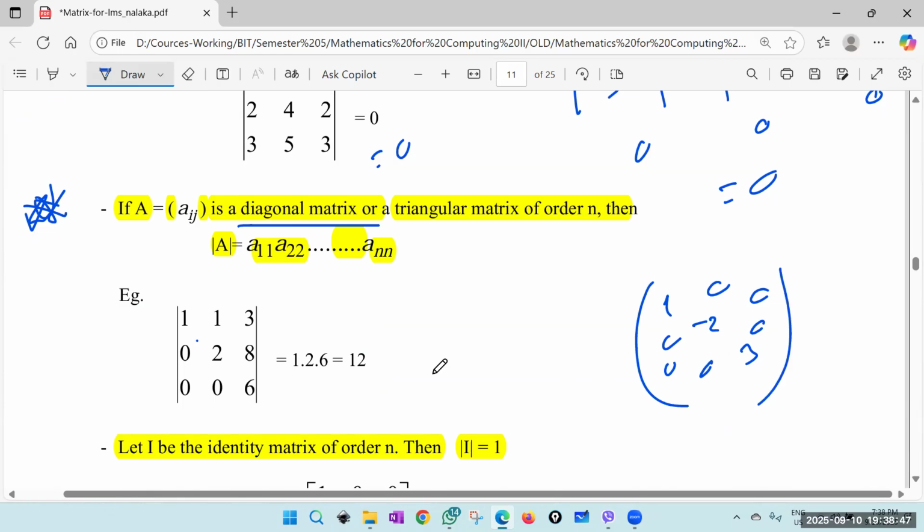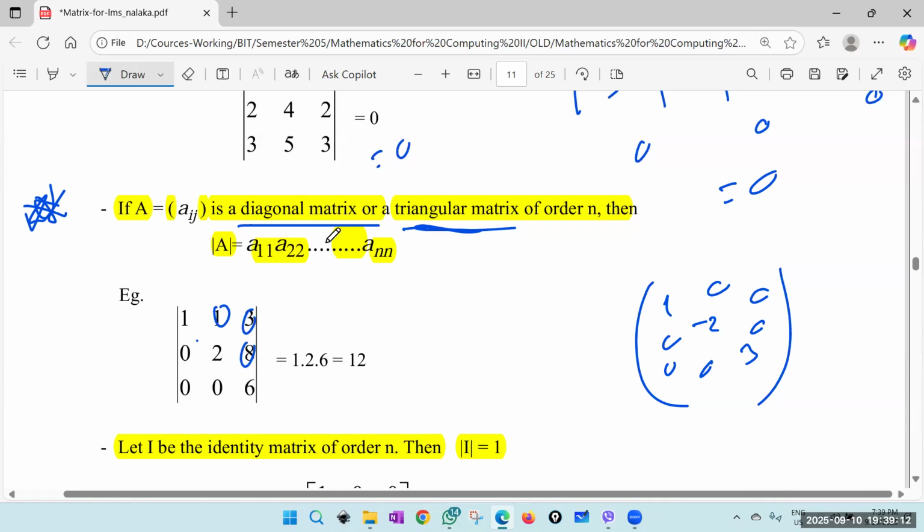This is a diagonal matrix or triangular matrix. A triangular matrix is where maybe your upper triangle is all zeros, or the lower triangle is all 0. So this is an upper triangular matrix. It can be an upper triangular matrix, a lower triangular matrix, or diagonal. Diagonal means all the non-diagonal elements are 0.